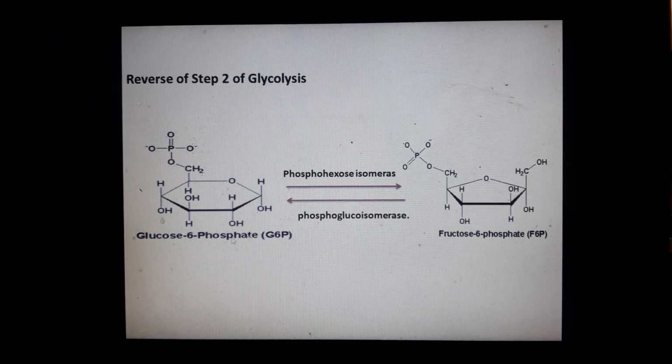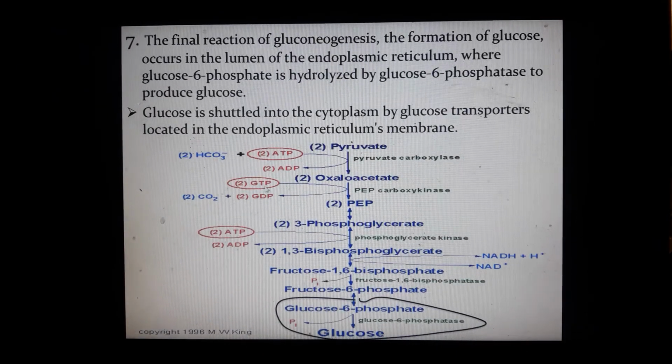So your fructose 6-phosphate is converted to glucose 6-phosphate by phosphoglucoisomerase. But if your glucose 6-phosphate in glycolysis is converted into fructose 6-phosphate, that is acted on by the phosphohexose isomerase enzyme. Isomerase, okay? Final reactions.